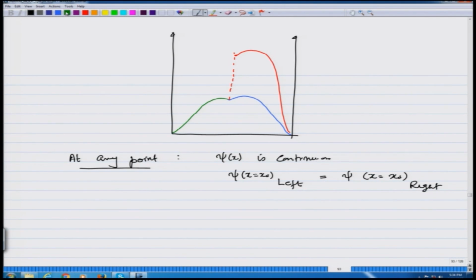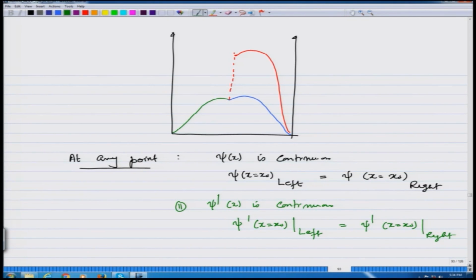And number 2, psi prime(x) is continuous. So, you should have psi prime at x equals x0 from the left equal to psi prime at x equals x0 coming from the right.